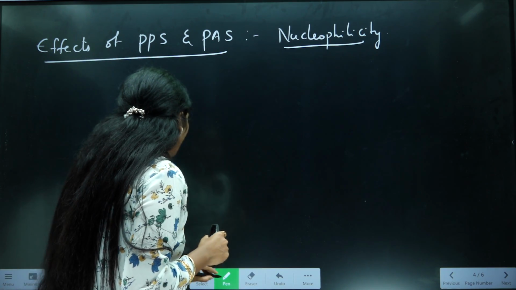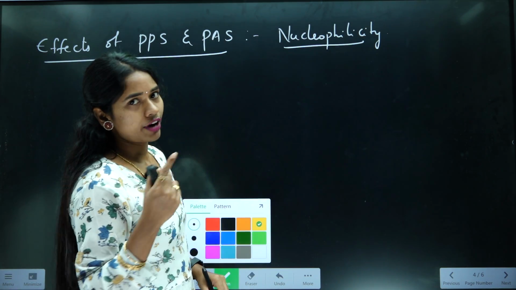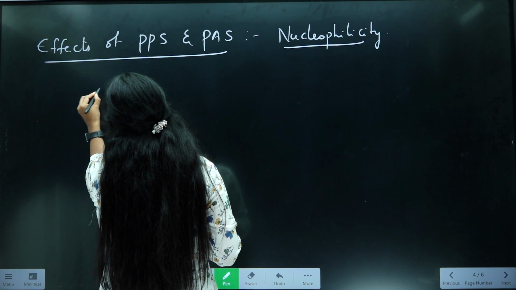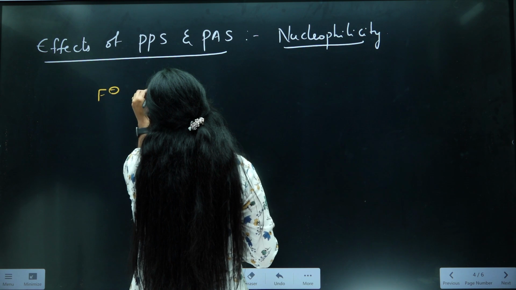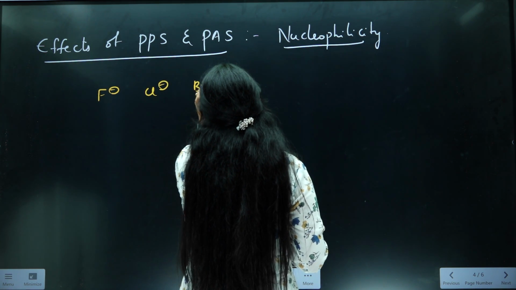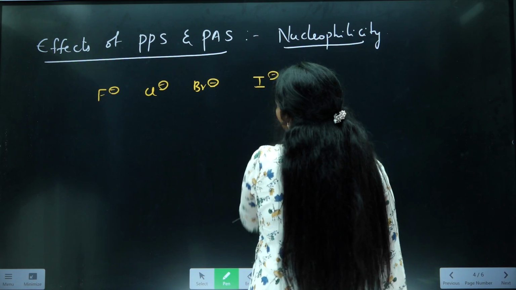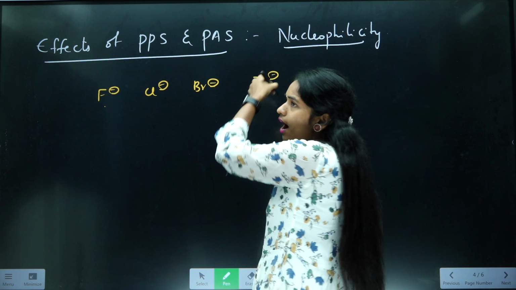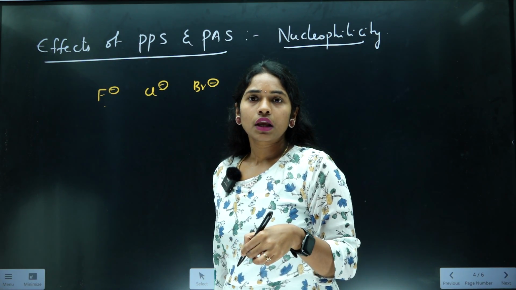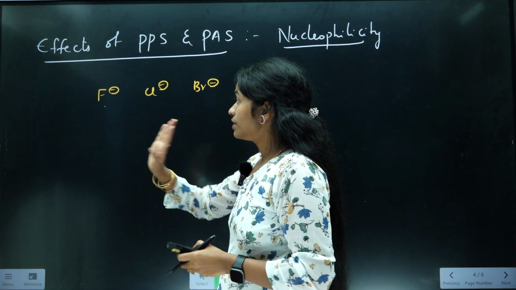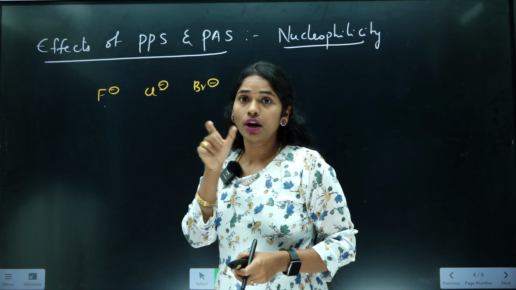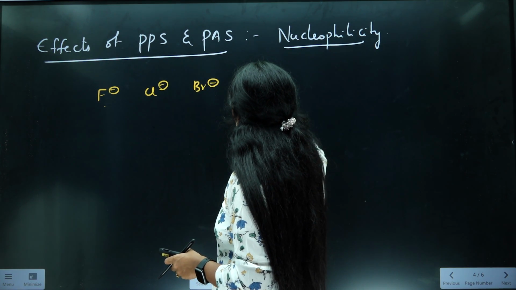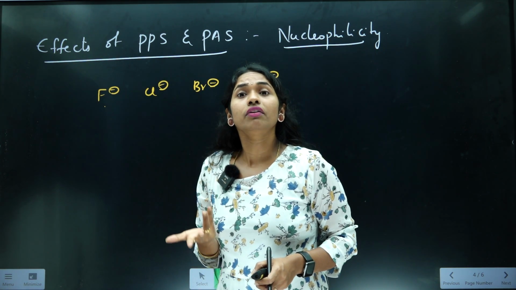Polar protic solvents are those which can furnish H plus ions. For example, you take F minus, Cl minus, Br minus, I minus, that is NaF, NaCl, NaBr and NaI. If you put them in solvent, what will happen?